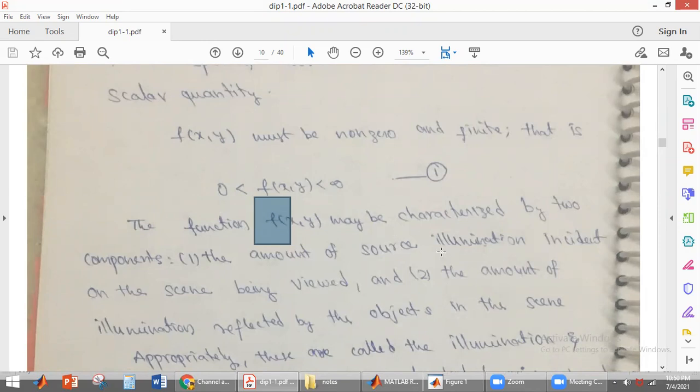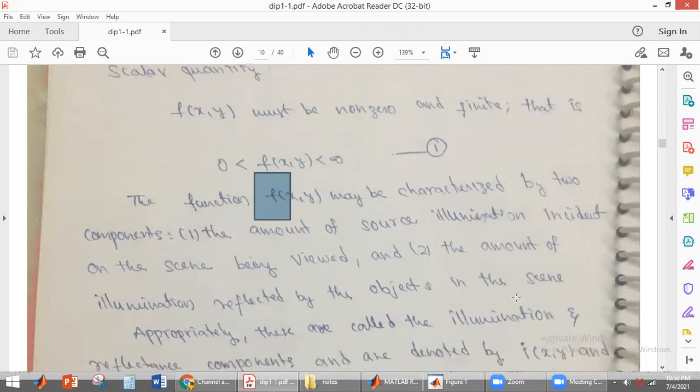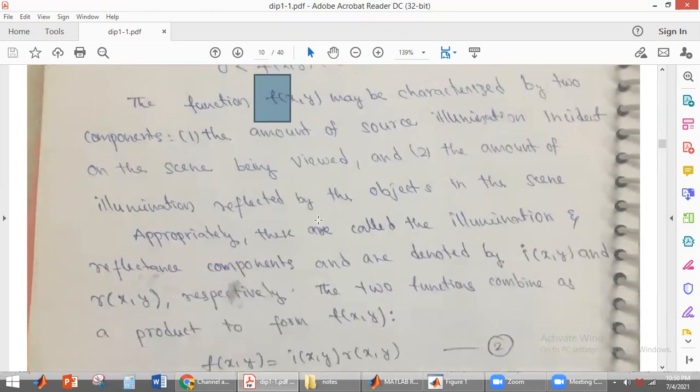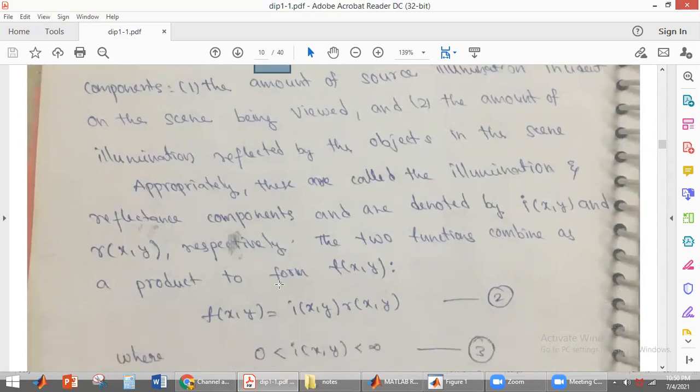The second is how much energy is reflected by the object in the screen. These are the two parameters that decide the value of f. The first component, how much source energy is incident on the screen, is called the illumination component, whereas the second, how much energy is reflected by the object, is called the reflectance component.